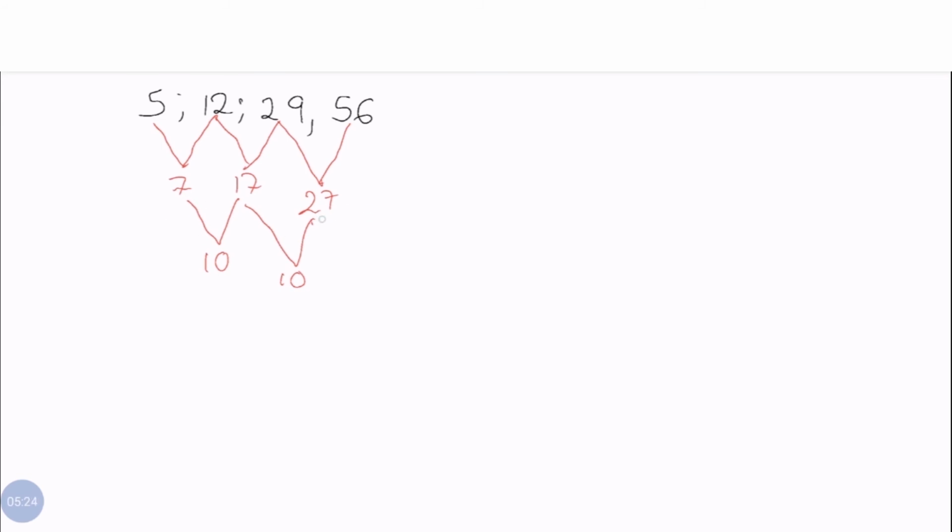On the first differences, from 27 to the next term we have to add 10. From that to the next term, we have to add 10 again. So what is 27 plus 10? That is 37. What is 37 plus 10? That is 47.